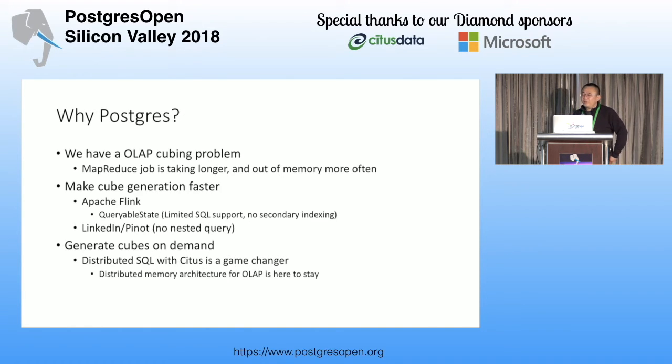So in parallel, I worked a few months with LinkedIn and Pinot folks, because LinkedIn is part of Microsoft. Pinot is actually a tailor-made solution for OLAP cubing, so that's why I picked it to look at. Turned out Pinot has the core technology.